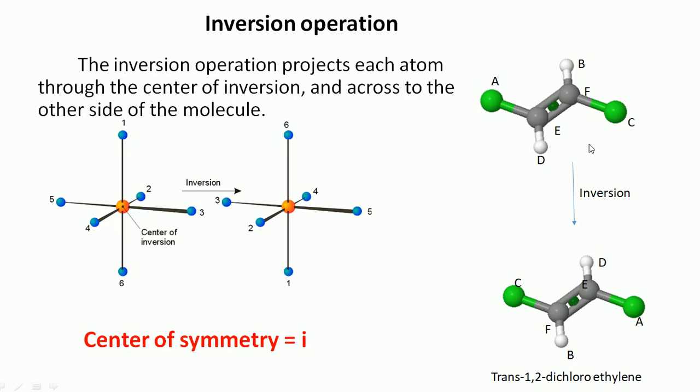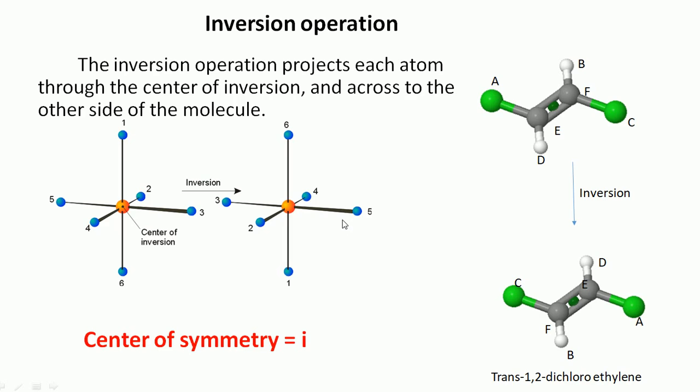New image, and these two images are indistinguishable, and you can say there is an inversion center possible in trans-1,2-dichloroethylene.